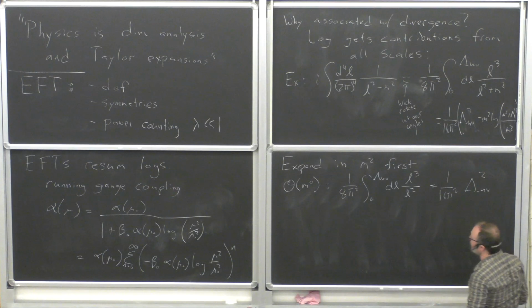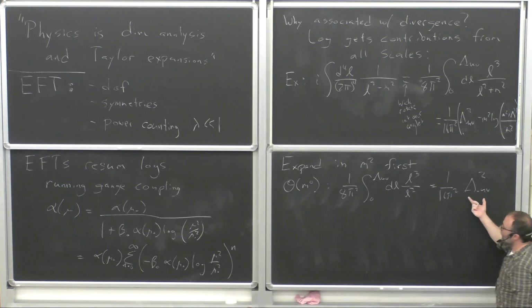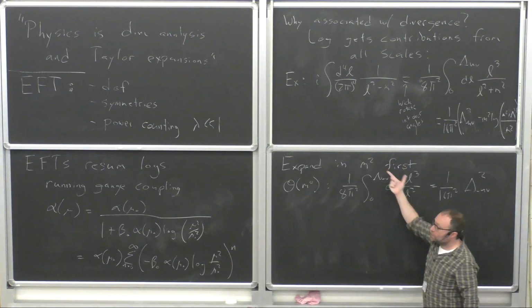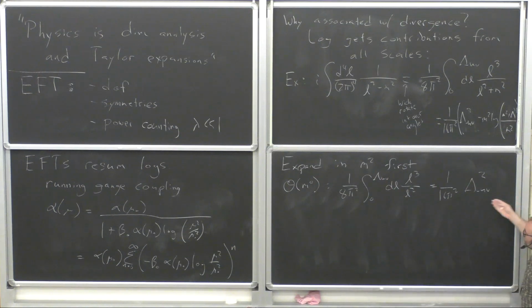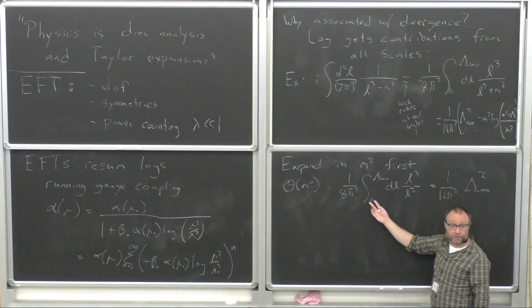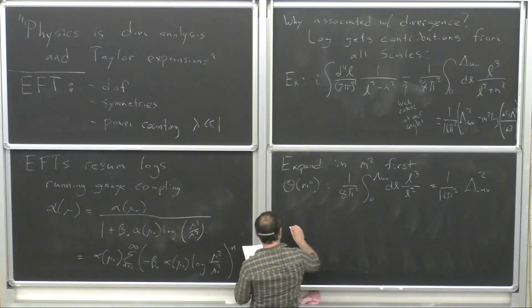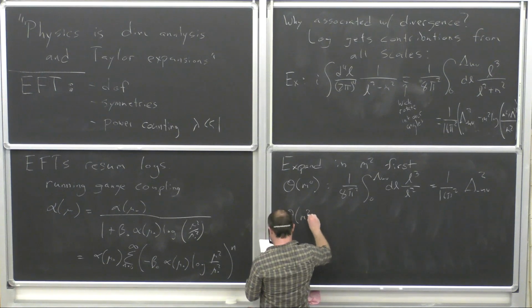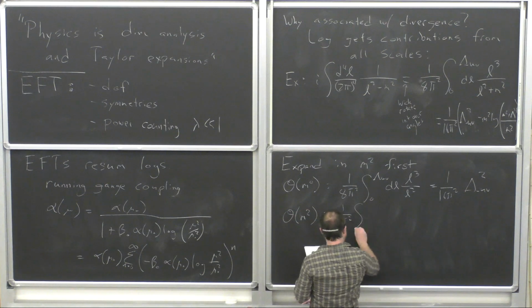So we see that we get one contribution which is localized just at the highest scale in the problem, the UV cutoff. When you evaluate this integral, the contribution from 0 gives you nothing. Then at order M squared, we have 1 over 8 pi squared integral.